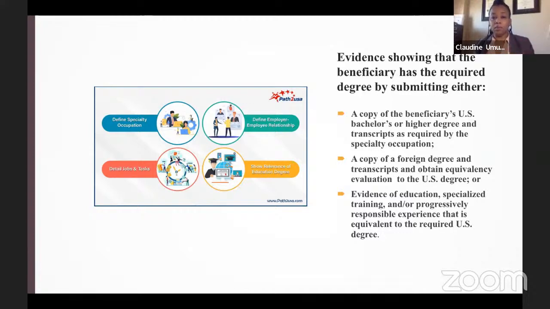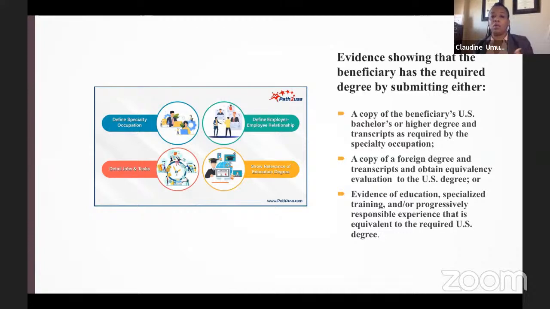So if you went to a United States college, if you had a bachelor's degree or master's degree in the US, then you just need to get your bachelor's degree diploma, plus all your transcripts. But if you went to a non-US university, in addition to providing your diploma and your transcripts, you have to get an equivalency evaluation. And that really usually is done in the beginning, before you even consider hiring someone.